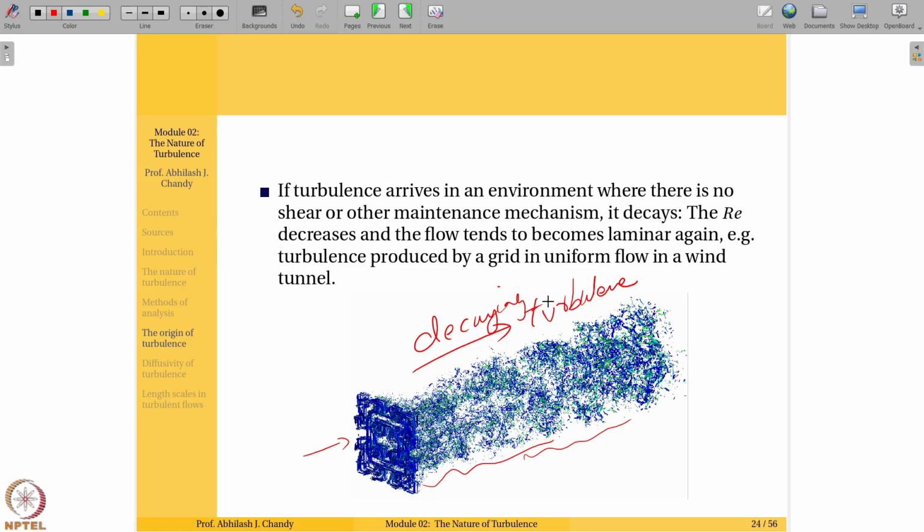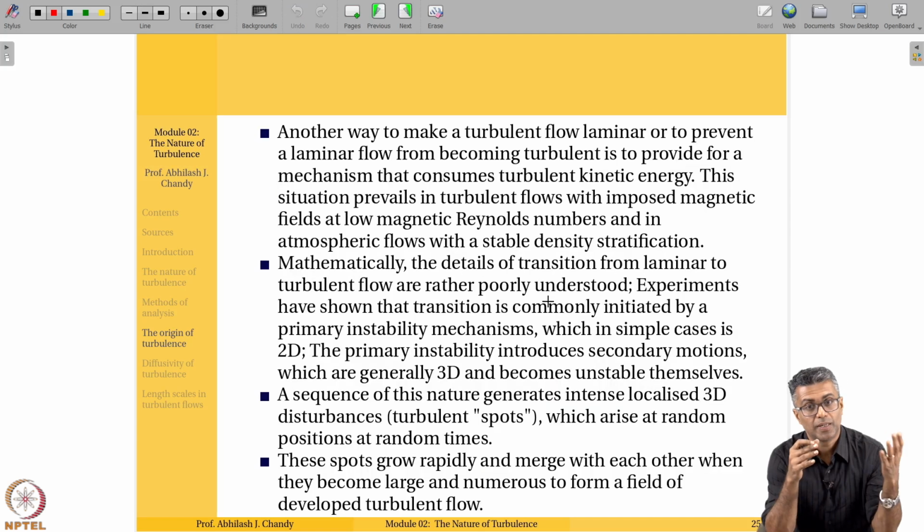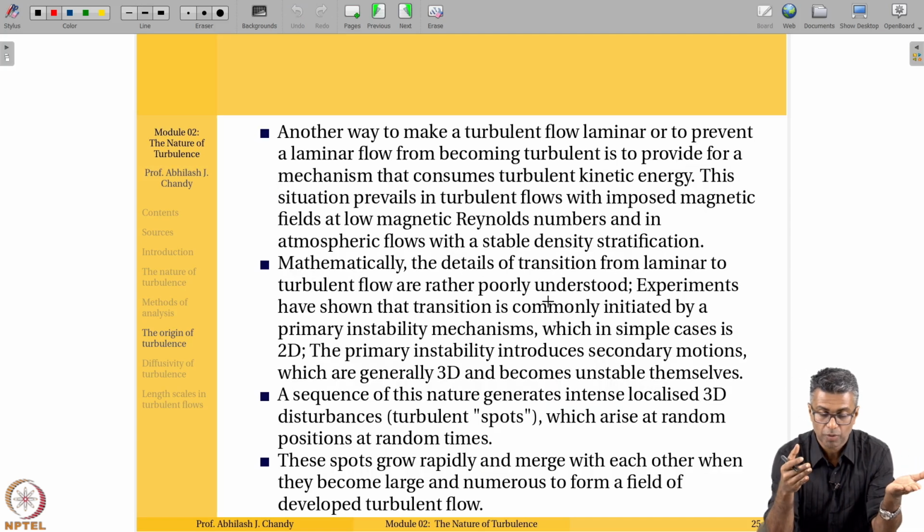So this is an example where you have an environment where there is no maintenance mechanism, either through shear or buoyancy, and the turbulence decays.